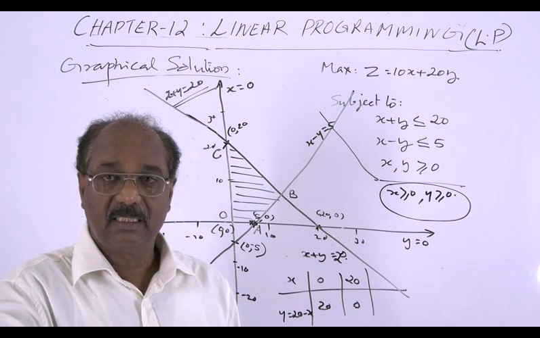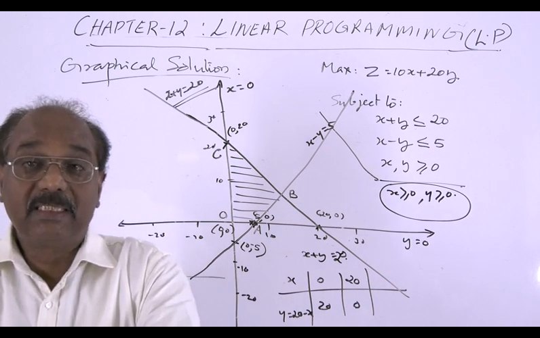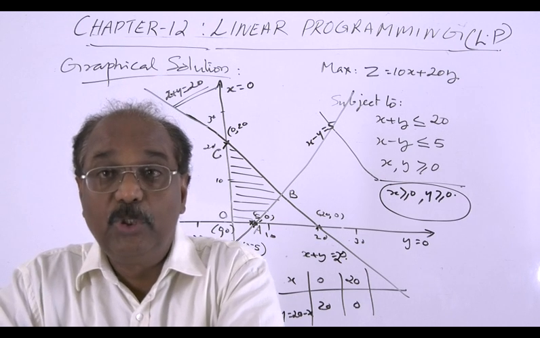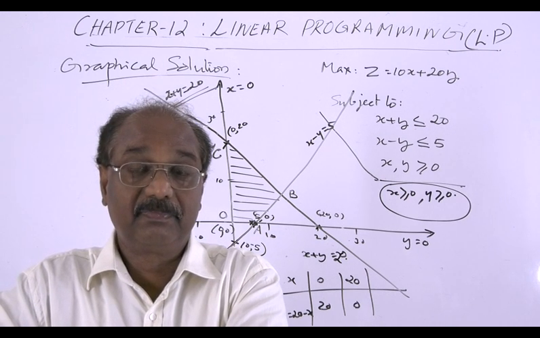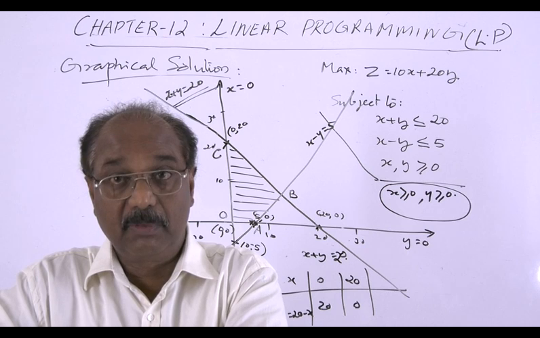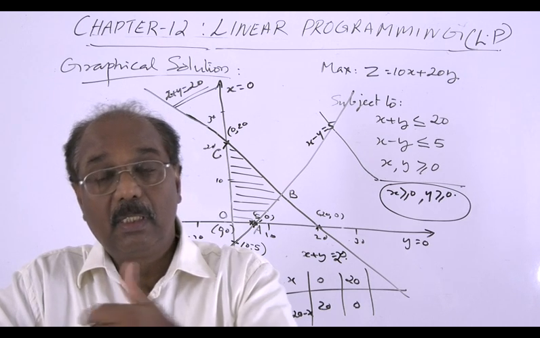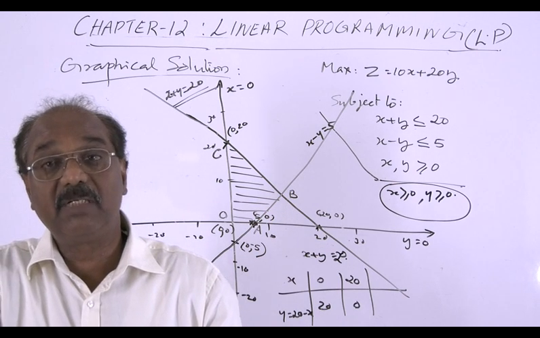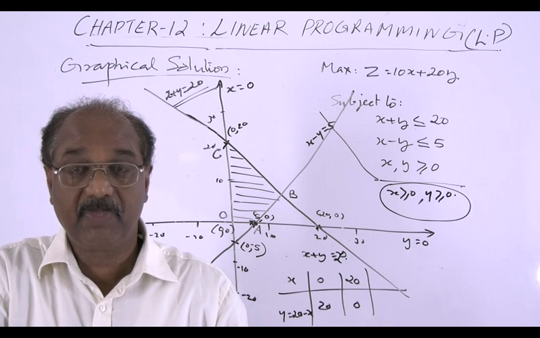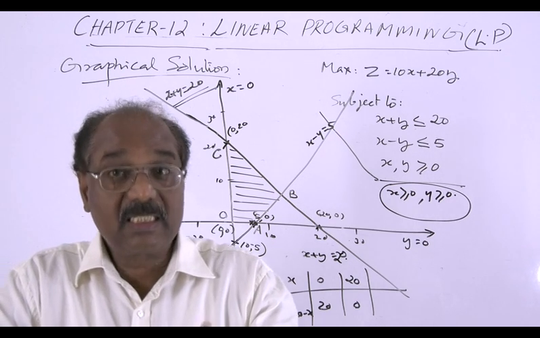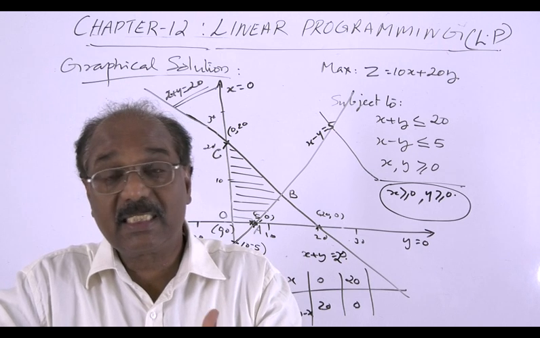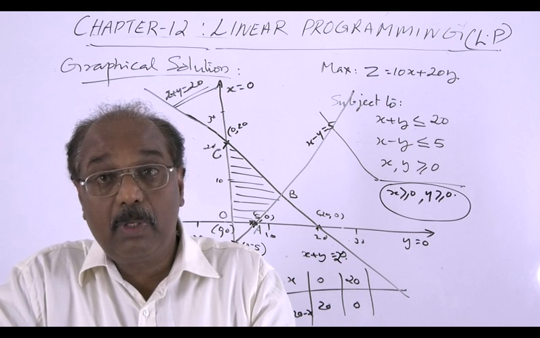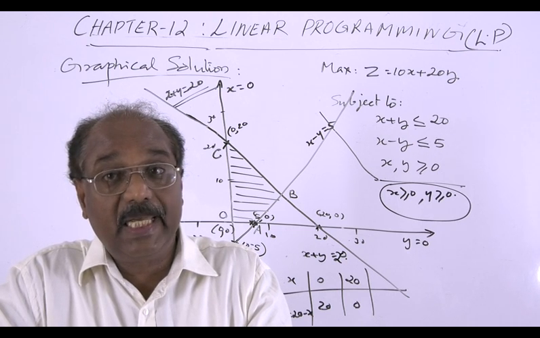But there are certain points at which the solution is maximum. And also there are points at which the objective function is minimum. And a result says, a theorem says, these maximum or minimum, the optimum values will lie at the vertices.